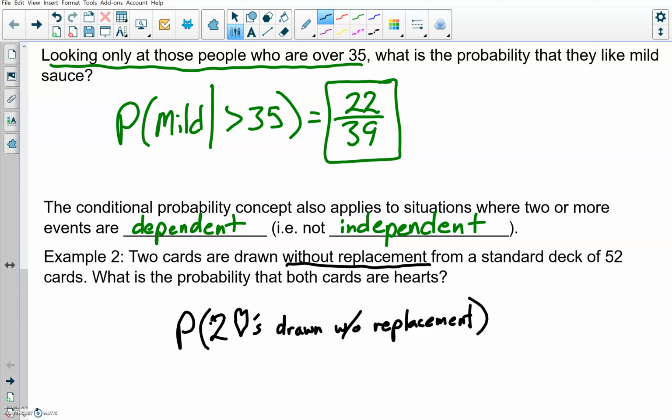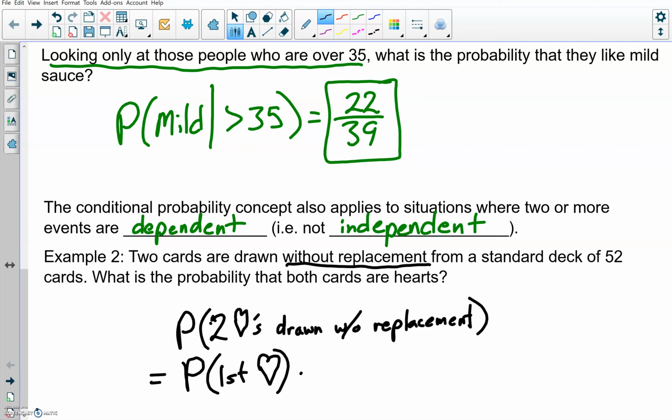So what we're going to do here is say, okay, the first heart, no issues there. You draw the first heart, nothing's happening. And then we do multiply. This is still kind of an "and" situation. We want a heart and then another heart.